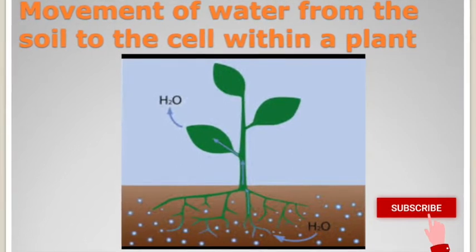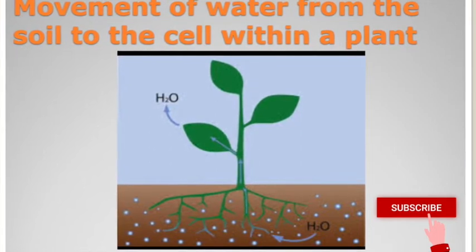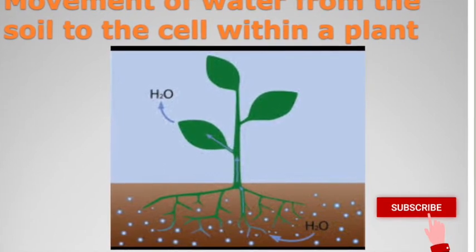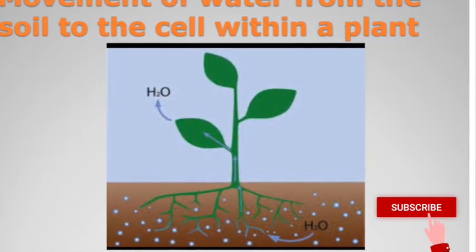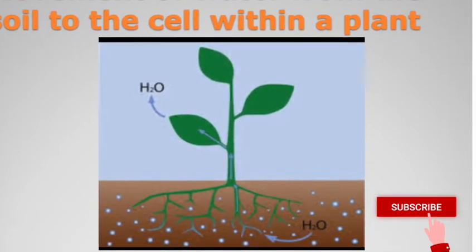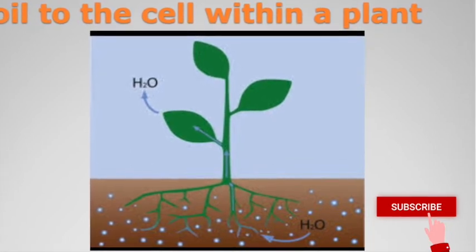this has to do with the movement of water from the soil to the cell within a plant. Now, after the root hairs have absorbed the water into the plant, you can see the other arrows indicating the movement of the water upwards.